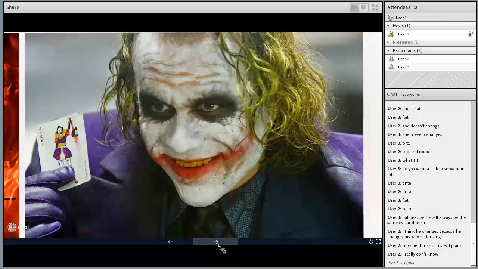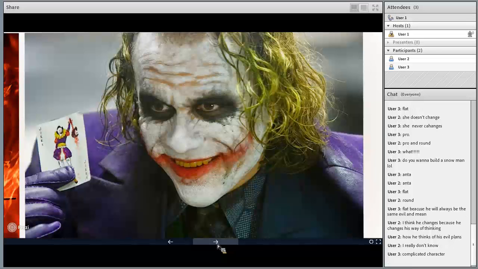And we see that by how he changes his plans throughout the movie and how he's thinking, because when he's talking to Harvey Dent, who becomes Two-Face, we get a little bit of information about him. We realize that he is a complex character because the way he sees the world is kind of unique and interesting, right? He just likes chaos.